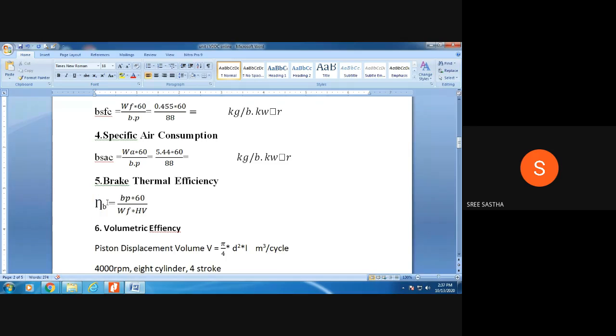So in the denominator, you can see how much fuel I am going to consume and what the heating value is. Then you have to use brake power. The 60 stands for converting, because I will be substituting the weight of the fuel in kilogram per minute. Then only the unit will tally. For brake power you substitute 88 kilowatt.